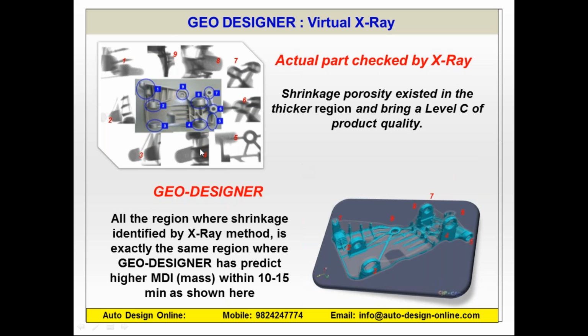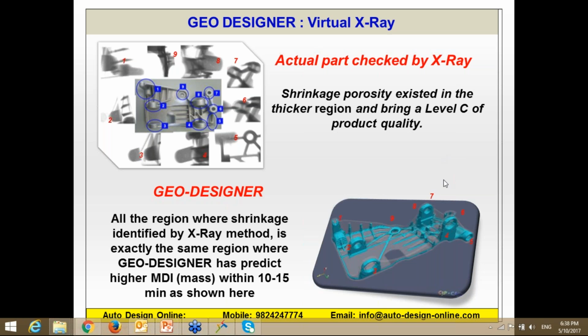If you compare this image with the right side bottom image, it highlights exactly the same 9 locations, which indicates that these are the locations likely to solidify last, which could convert to shrinkage and porosity. That means at the RFQ stage or even at the design stage, you know precisely which locations could create problems for you, and you should take care of them at a very early stage of the design, right? So this is what you can see here in this case.